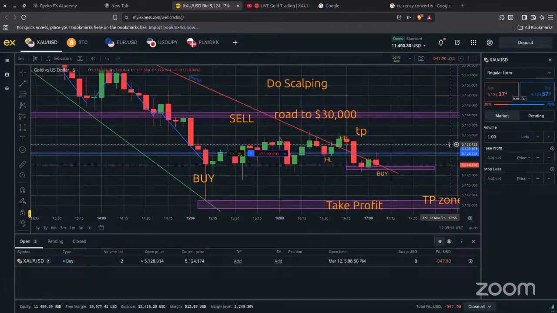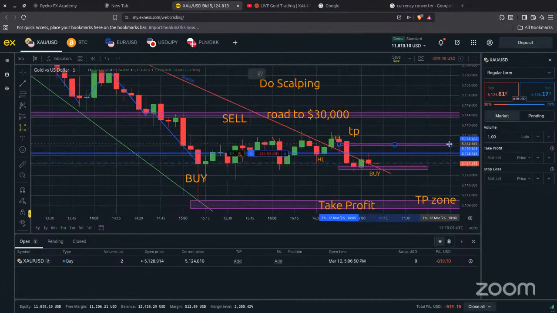Wait up to here, then buy a pullback. Okay. Let's wait here. If it comes here, we buy the pullback. So let's wait for it to break that zone.